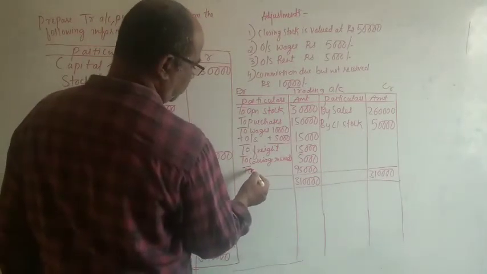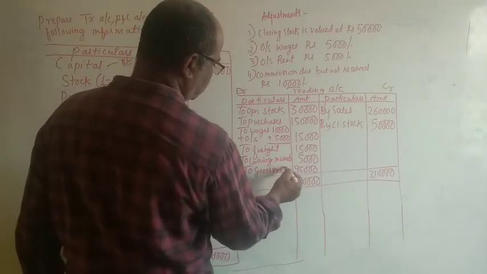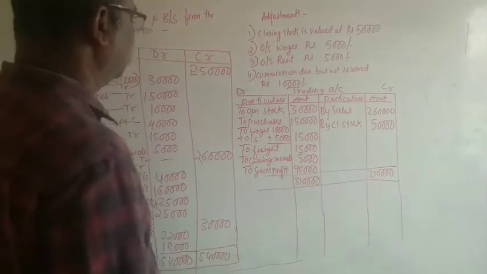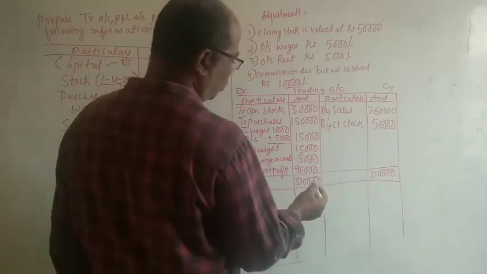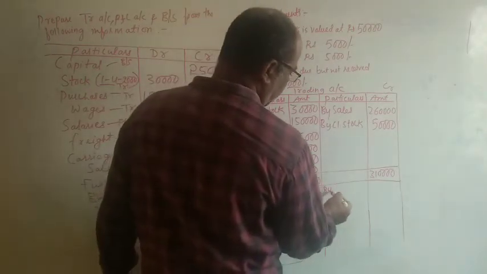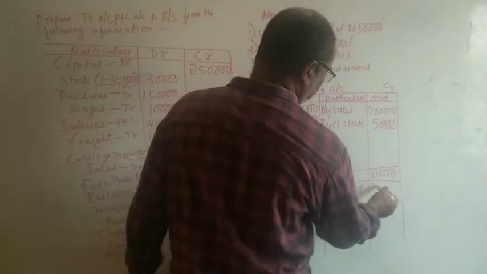To gross profit 95,000. Now we will transfer this gross profit to the P&L account, by gross profit brought down 95,000.